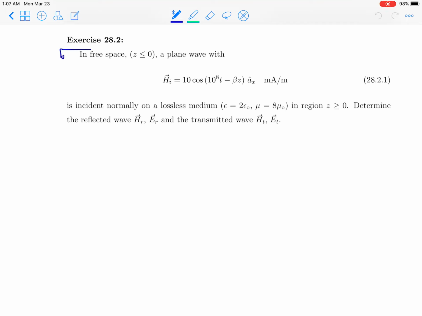Whenever we see the words free space, it means epsilon relative is 1, mu relative is 1, and the wave velocity is c, the speed of light. We have a plane wave. We are given the magnetic field, and it's incident normally on a lossless medium. So medium 1 is free space.